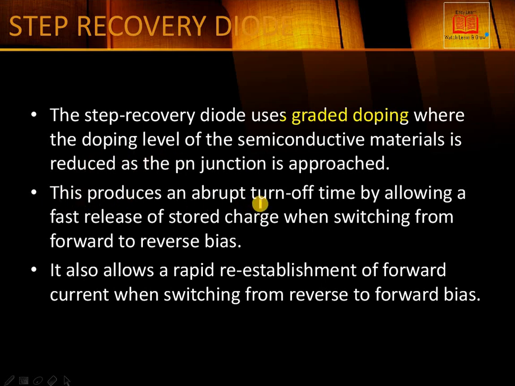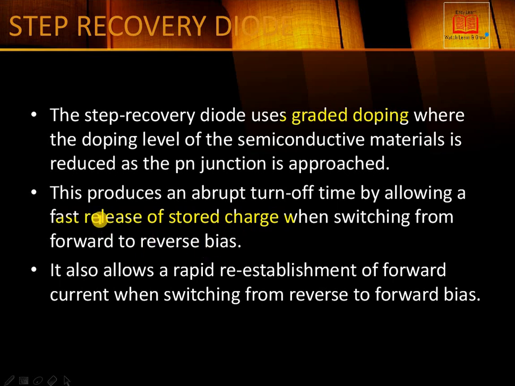This produces an abrupt change, a very fast change in the off time, by allowing a fast release of the stored charge. A fast release of the stored charge means that all the minority carriers stored in the depletion region are released. In a normal p-n junction diode there are a few minority carriers that cause the reverse current.